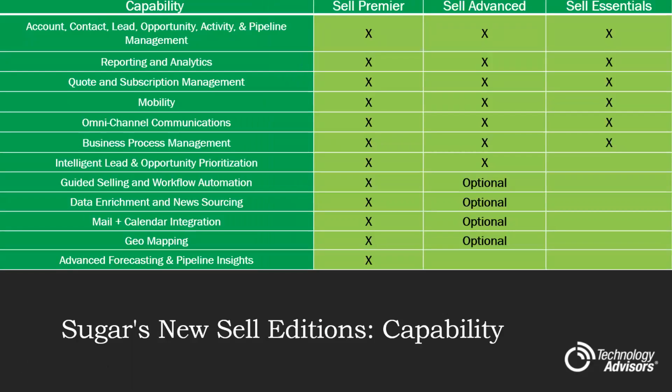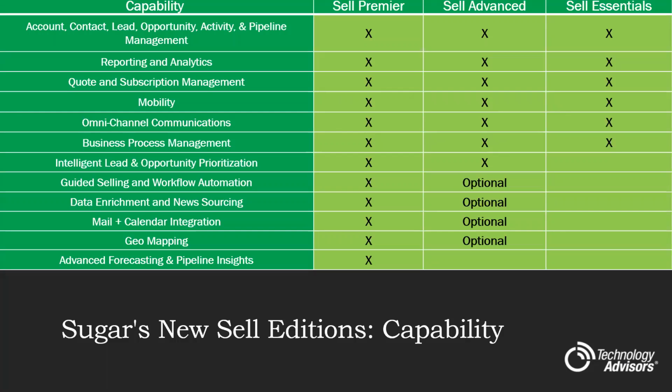So you can see that the basic functionality with accounts, contacts, reporting, quotes, it's in all of the editions. Where we really do start to see the differentiation between these new Sell versions is with workflows, with the data enhancement and enrichment, with your mail and calendar integrations and mapping.